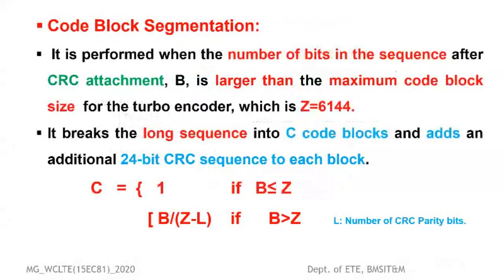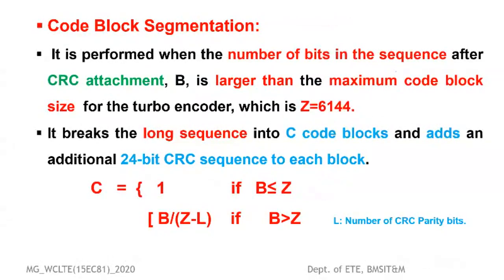After adding CRC bits to the transport block, the next step, as I said, is the code block segmentation. How do we decide when to do the segmentation, right?